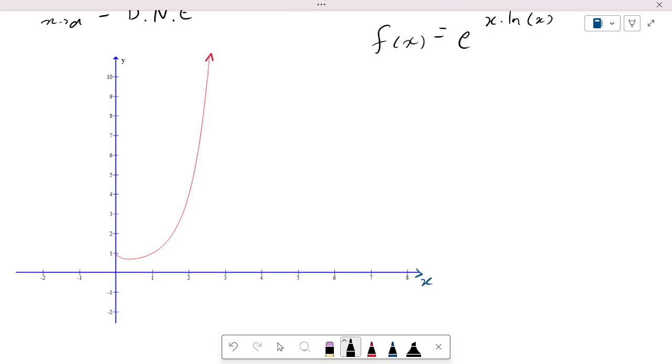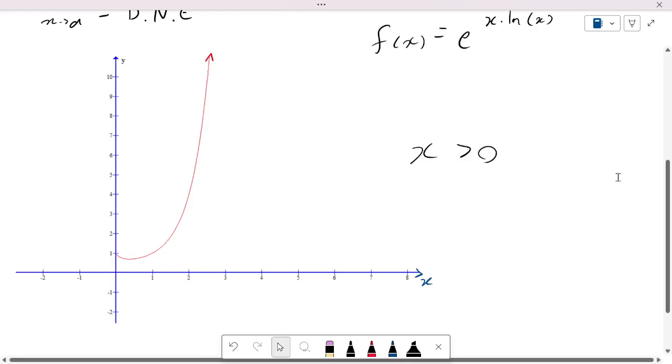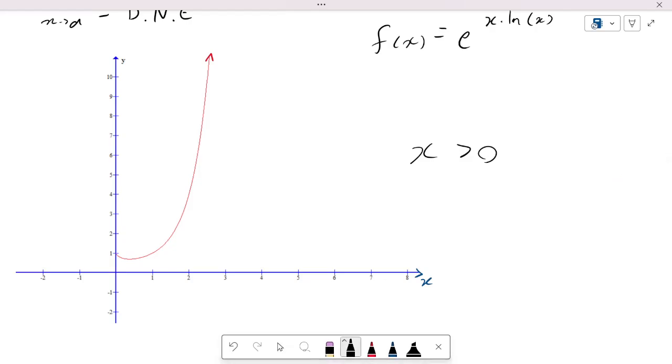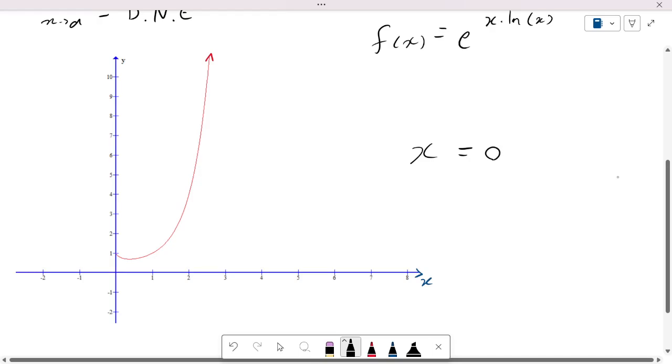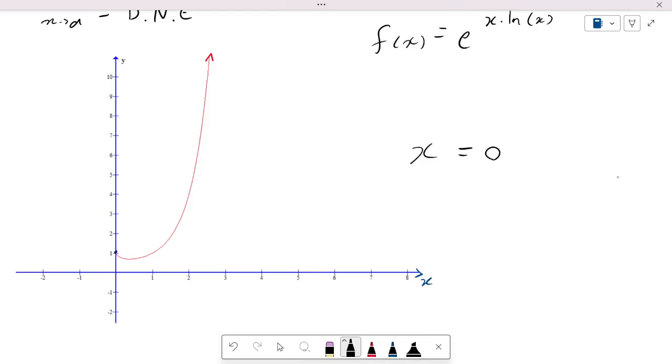So what I want to show you over here is on this function, what do we see? x is not less than 0. It's always greater than 0. But is it equal though? Now remember that if we let x equal 0, as if it was our y-intercept, our y-intercept is where we let x equal 0.